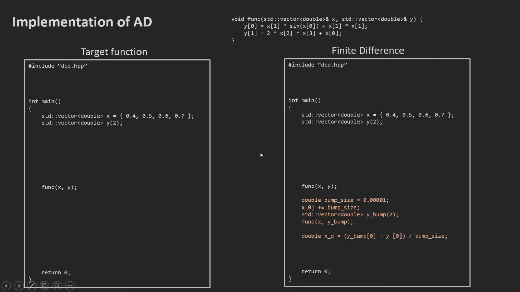Then let's take a look at the finite difference method when calculating the derivative. We first bump one of the variables by a small amount delta, then we find the difference and divide that by the bump size, and then we get an approximation of the derivative.